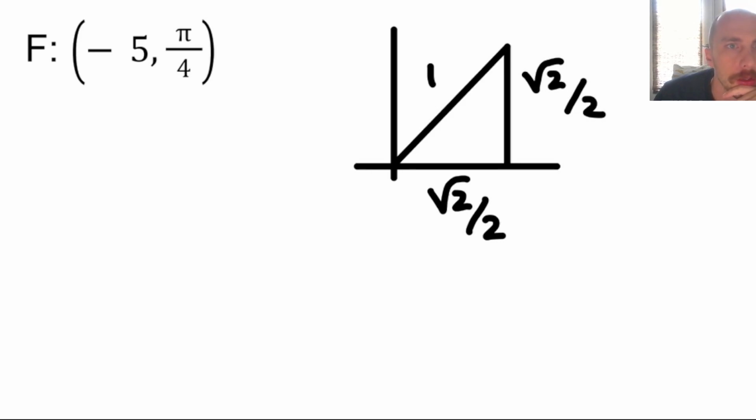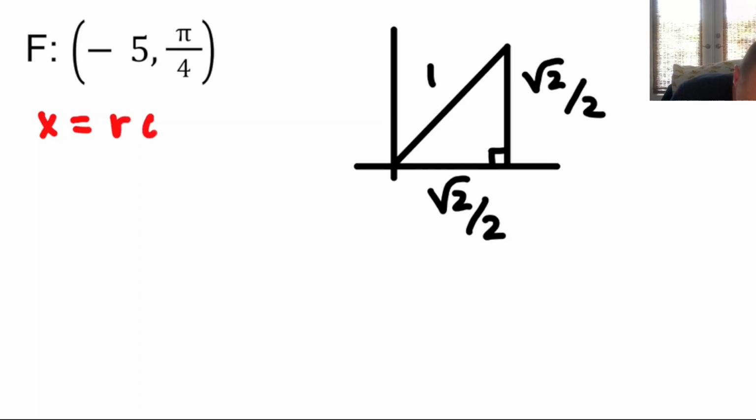And this is exactly the thing. I don't want to think about scaling this by negative 5 and trying to pivot it over the origin or anything like that. I'm just going to use this triangle to determine cosine of pi over 4 and sine of pi over 4. And I'll let the fact that r is negative multiply x and y by negative 1, or like multiply by negative numbers, so it makes it negative. Takes care of it for us. That's why I like using the formula.